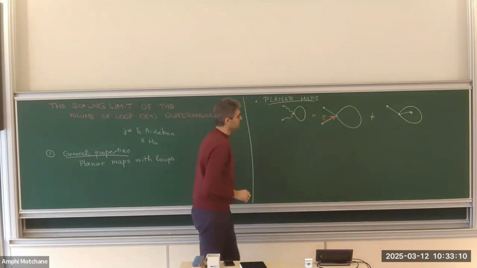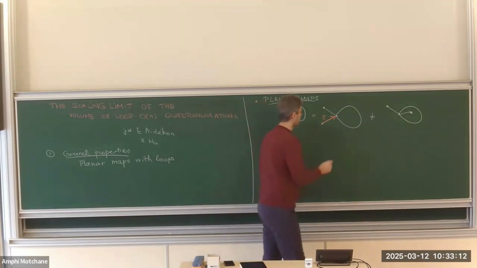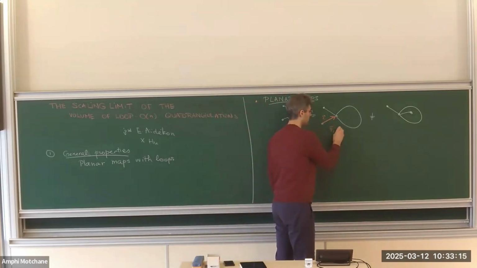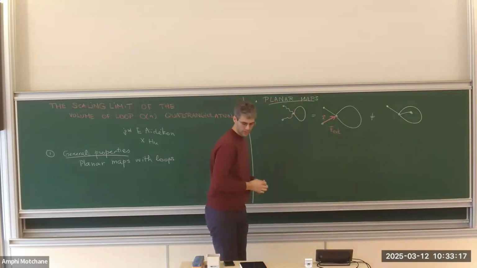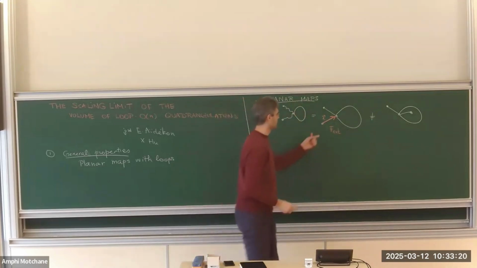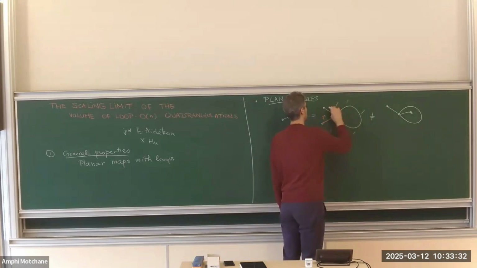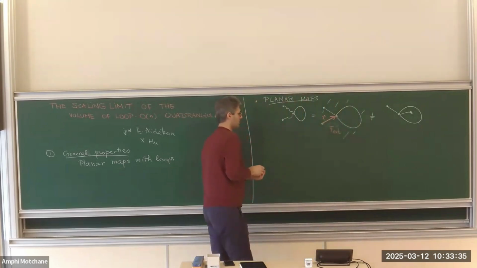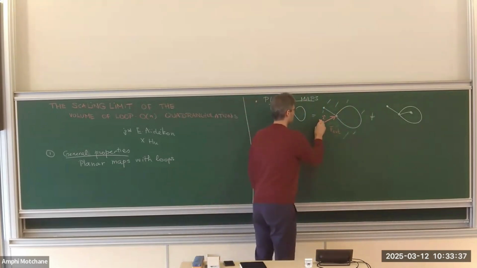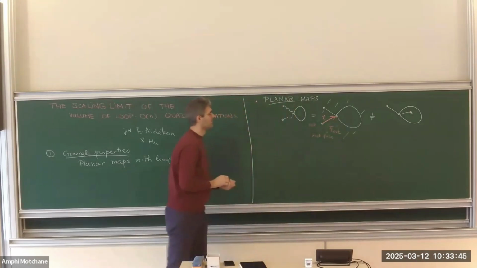Call it E, and with this edge I can define the notion of external face or root face, which is the face to the right of this edge. Remember that we're on the sphere, so this is a well-defined face on the sphere. It's living outside this drawing now. So this is the root, and this is the root face or external face.